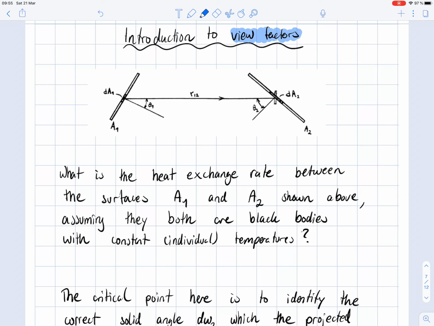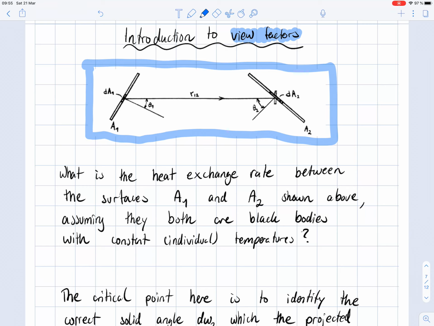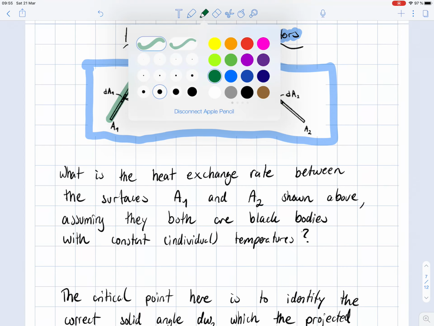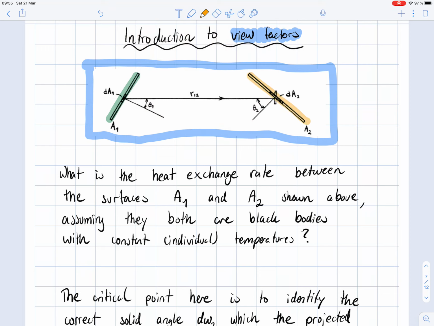And the view factor will be a very practical tool that we will use to determine the net heat flux in a system like I've drawn here, where we have two general surfaces, A1 and A2, that are at some distance from each other and at some angles relative to each other.